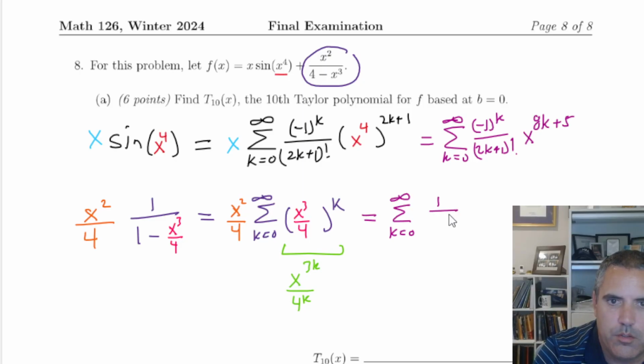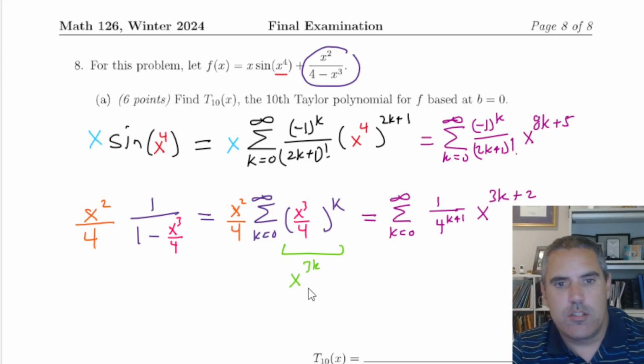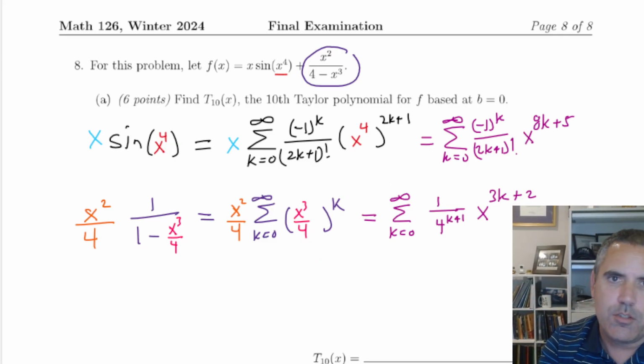So I'm going to write 1 over 4 to the k plus 1, and then I'm going to write x to the 3k plus 2 from the 2 that goes in. So that's more of a notational thing. So those are the Taylor series for those two pieces.